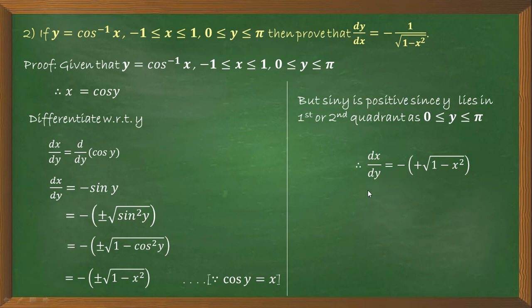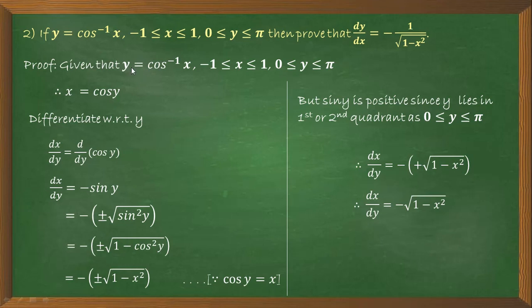Mathematically, dx by dy is equal to minus of root of 1 minus x square, because minus into plus is minus. So finally we get dx by dy equal to minus of root of 1 minus x square. This is the derivative of x equal to cos y.